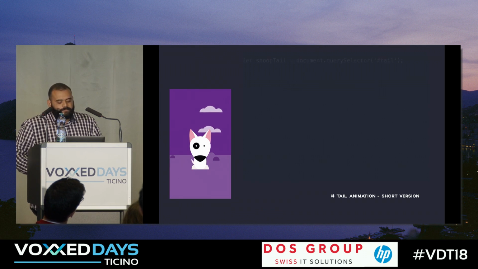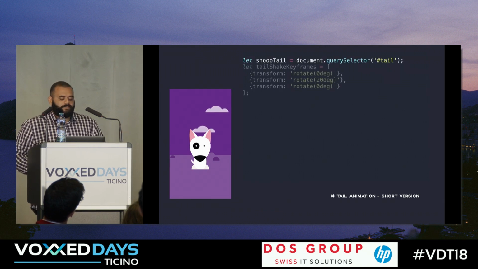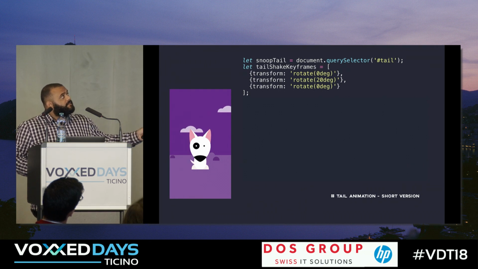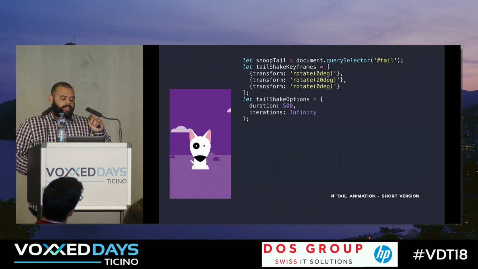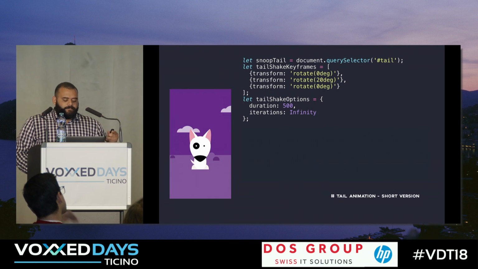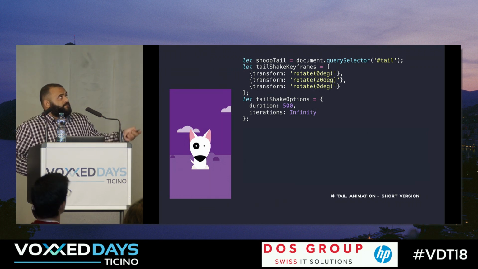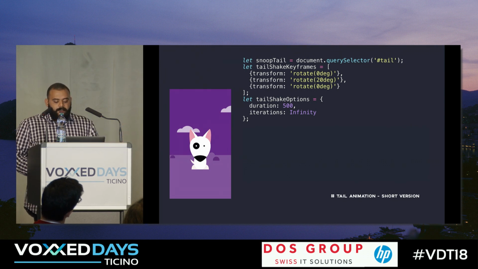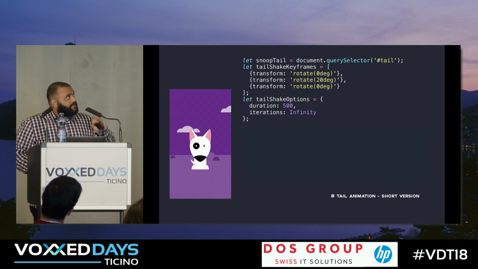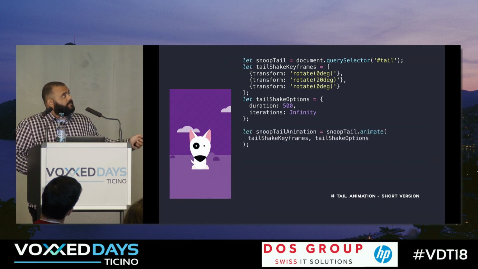To create the same animation with the shorter version, you just have to get the element you want to animate, then define the keyframes of your animation, and after that, you still have to create the object with the animation options. But now, to have it playing in the browser, you only need to do it.